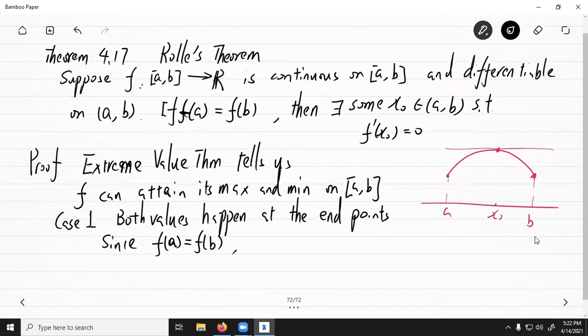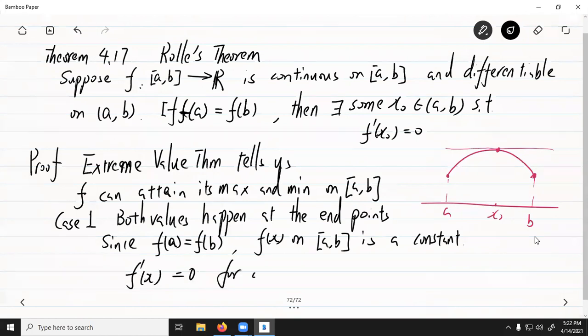So that means on the whole interval AB, f of x must be a constant, right? The reason is the maximum is equal to the minimum. Okay, it's constant, so the derivative is equal to 0 for all x in AB. Of course, there exists someone, just pick an arbitrary one, right? So for this case, it's obvious.